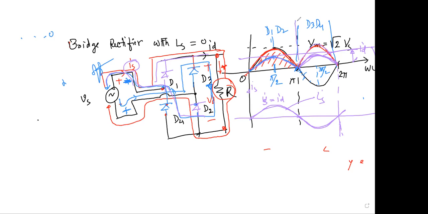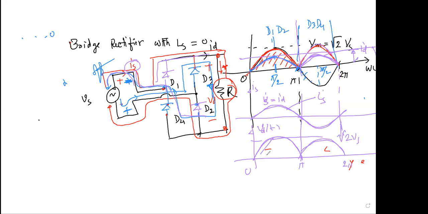We can integrate it and find out the area. If this is the wave shape of the voltage, this is your VD, and this is the peak value, root 2 Vs, and we know the equation, right? So we can get the area. How can we get the area?